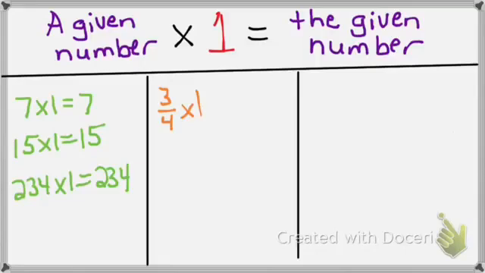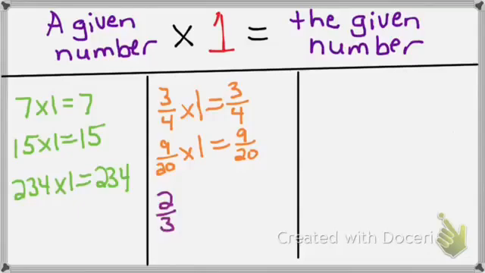I multiply it times 1. Well, I know that a given number times 1 equals the given number, so if my given number is 3/4, 3/4 times 1 will equal 3/4. What if my given number is 9/20, and I multiply that times 1? It should equal 9/20, and it does.